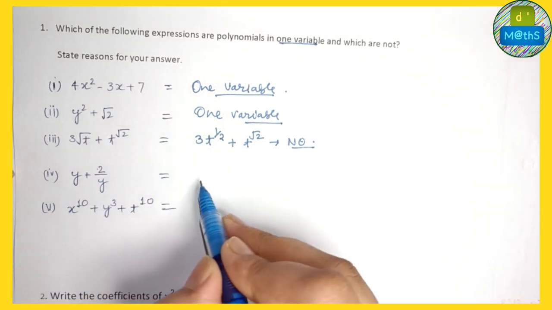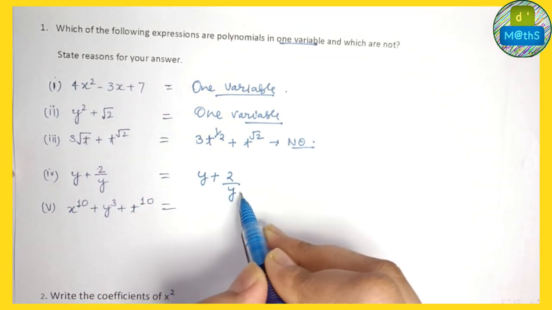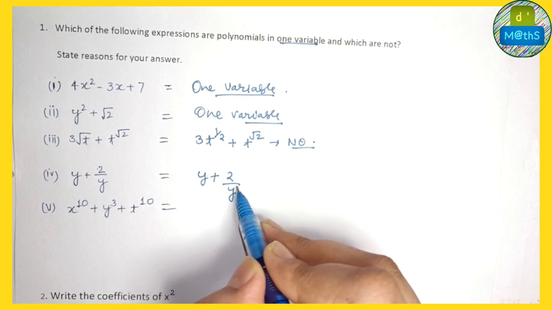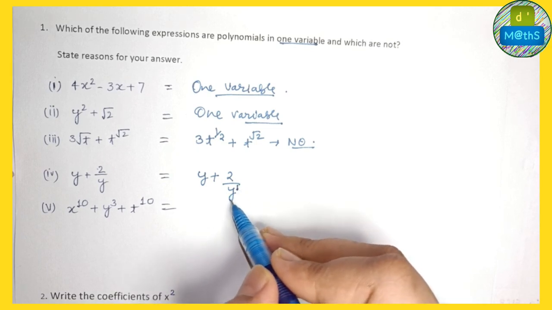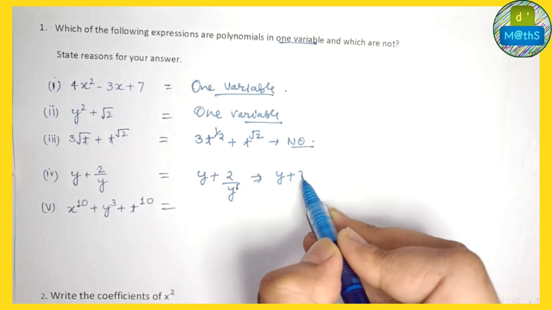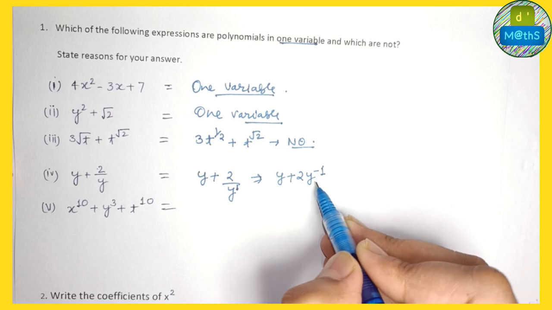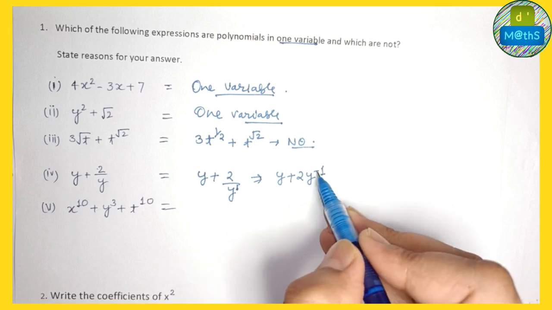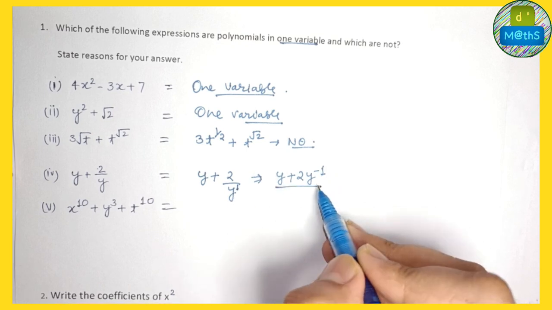It is very much understandable. Now the fourth question, y plus 2 upon y is given. So here 2 upon y means what? y will have a power 1 only, but it is in the denominator. But when you take that y to the numerator, its power becomes minus 1. I hope this much you know.